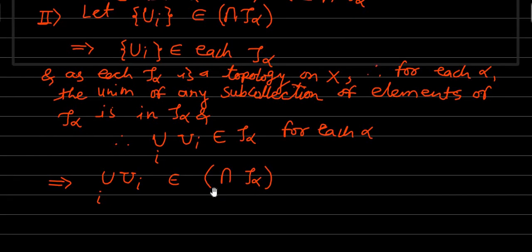So see here what we have shown in this second condition. We have considered a family of elements of the intersection of τα, and we have shown that their union is again a member of the intersection of τα. This means that the union of any subcollection of elements of the intersection of τα is again an element of the intersection of τα, which shows that the second condition also holds.